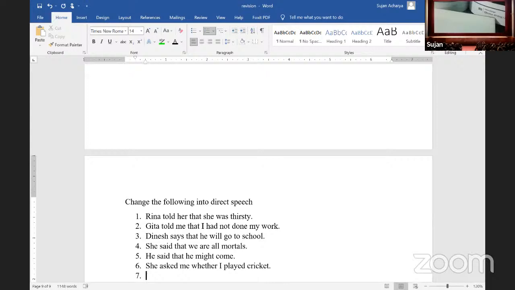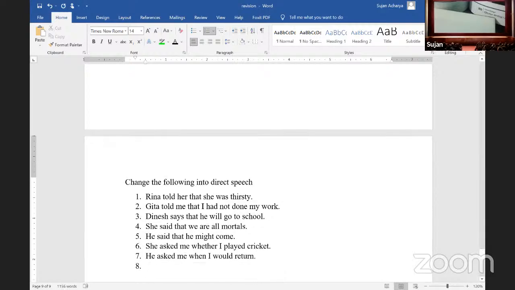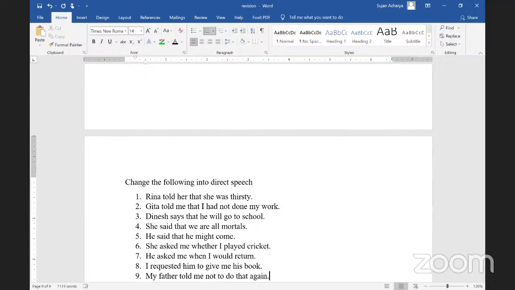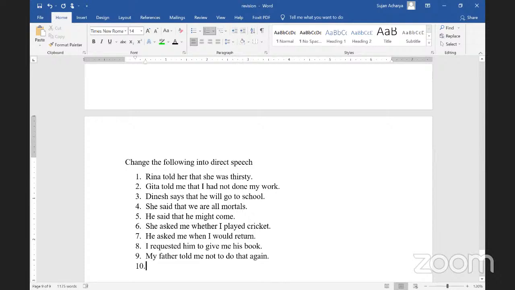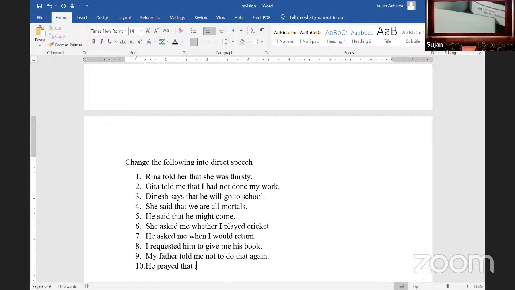Next, he asked me when I would return. Next, I requested him to give me his book. Next, my father told me not to do that again. Next, he prayed that I might live long.